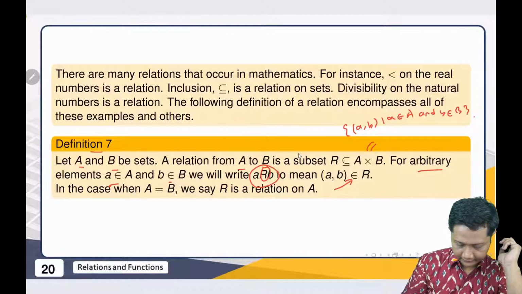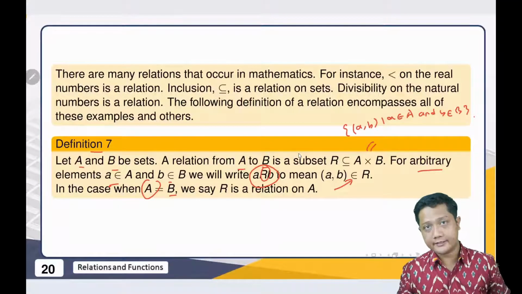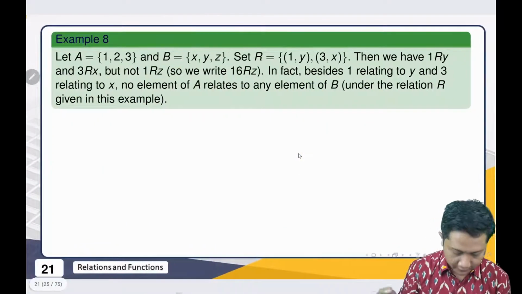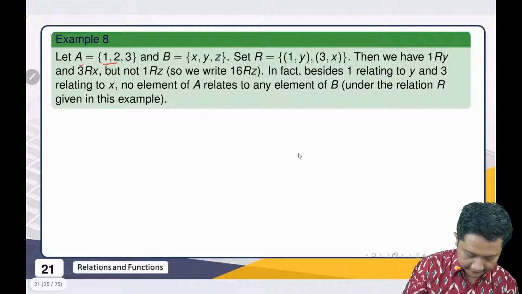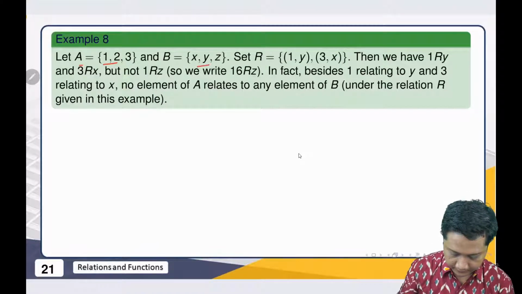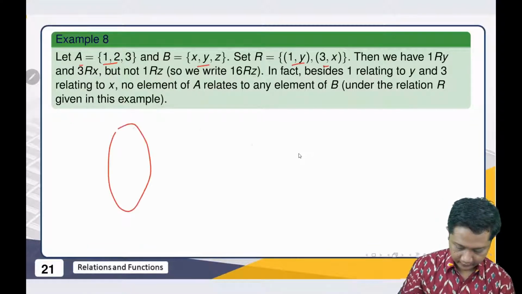And if A is equal to B, so they are the same set, then R is a relation on A. For example, this is our A, 1, 2, and 3, and this is our B, and we make this relation. Usually we can draw it like this.